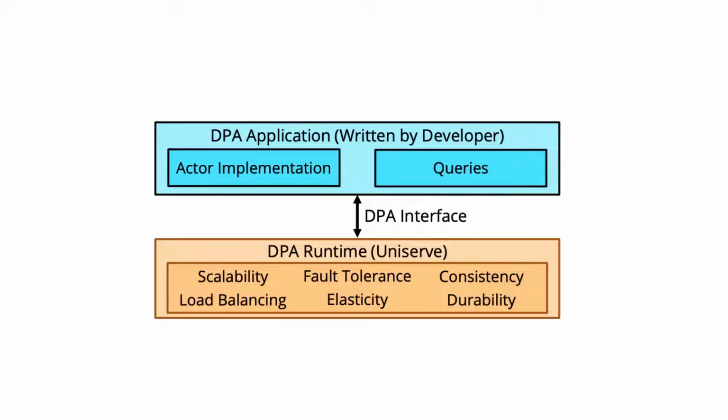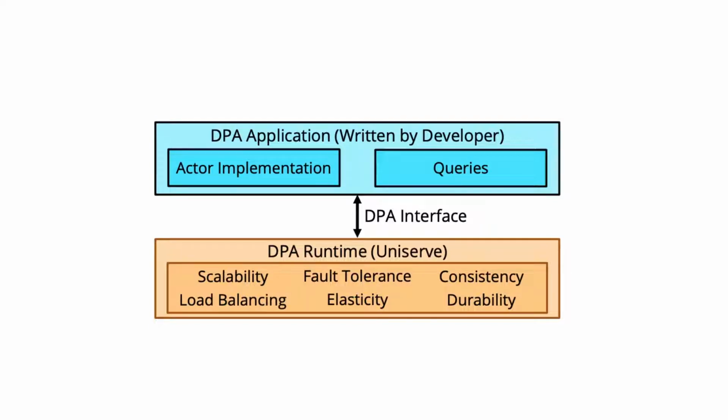You just have to think in the context of a single node. This separates out responsibilities in that system. The runtime Uniserve takes care of distribution and scalability, and it automatically provides other distributed features like fault tolerance, consistency, load balancing.